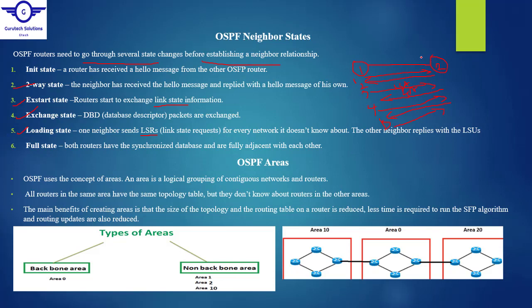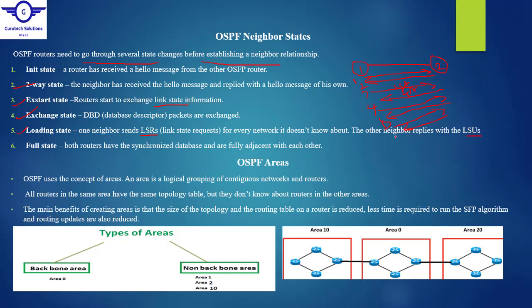Suppose router 2 receives that packet and it is aware of that network. Router 2 will reply with link state updates.